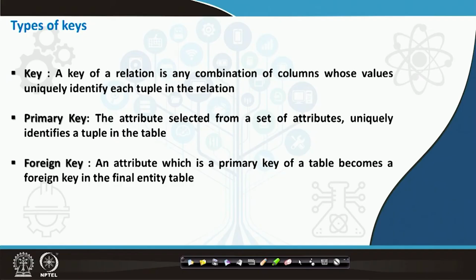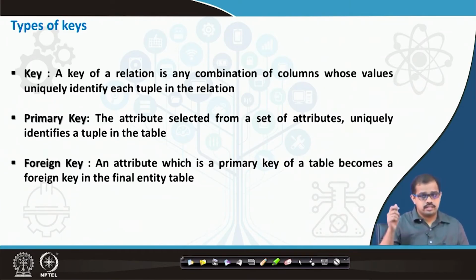When we look at different types of keys, first of all, a key can be defined as a relation in any combination of columns whose values uniquely identify each tuple in a relation. When I say tuple, it is a row which has certain values. Now a key is a combination of many columns, and these columns hold different values for each of these tuples.